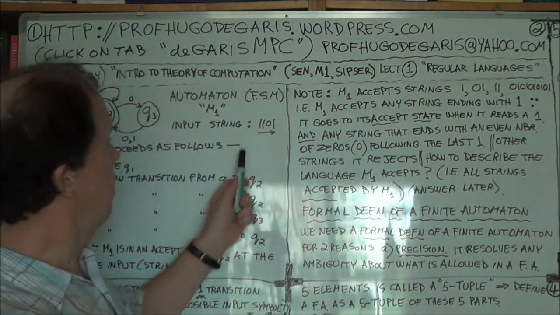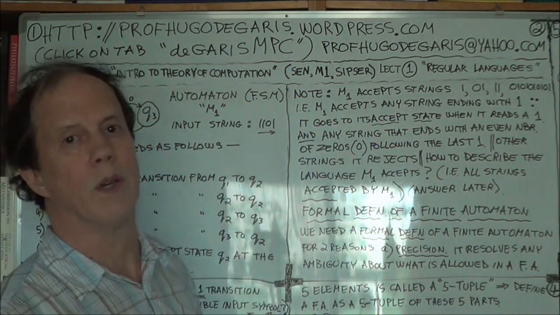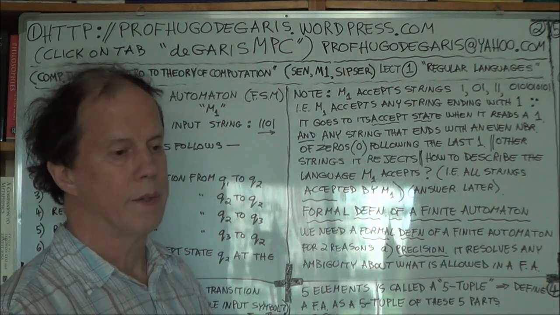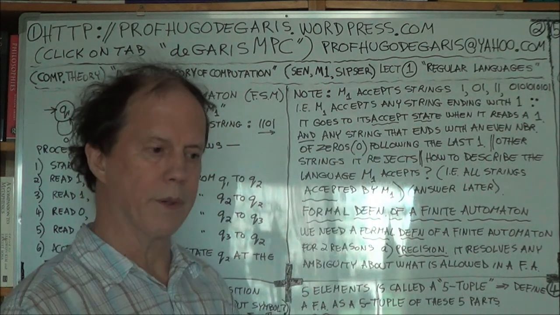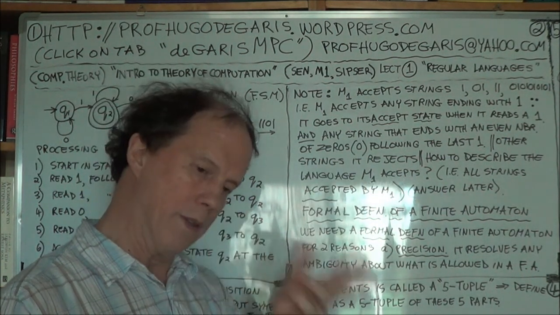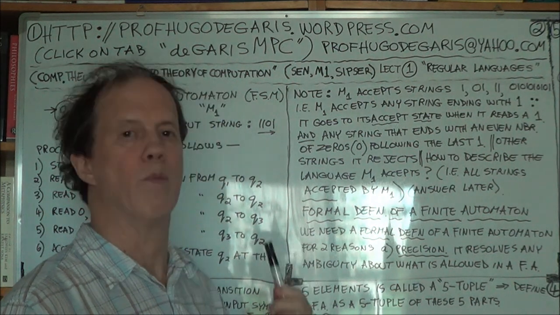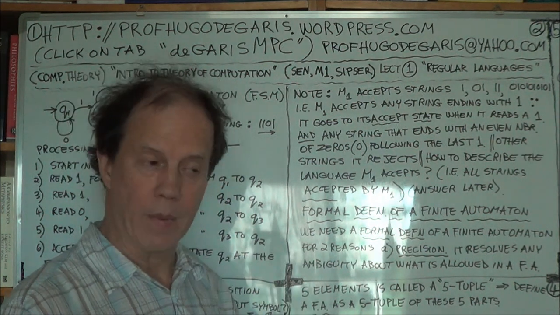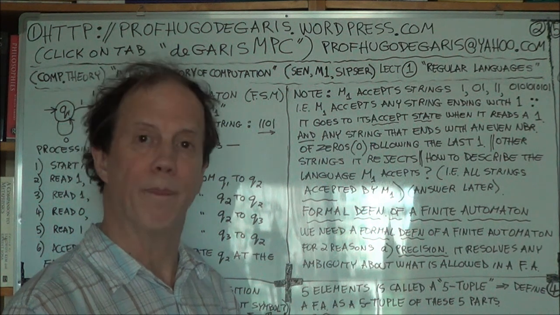Now that was just for one string, 1101. But you could input other strings, and in some cases the automaton M1 will accept them. Other cases will reject them.